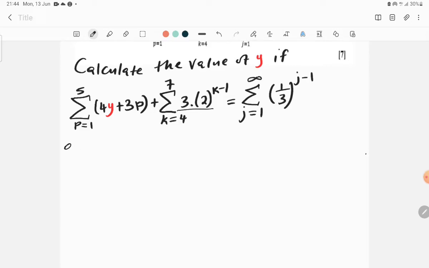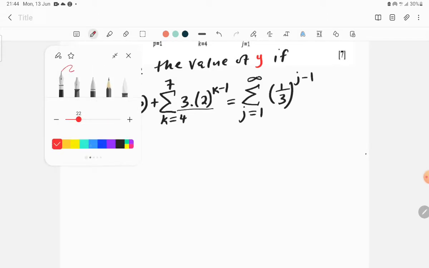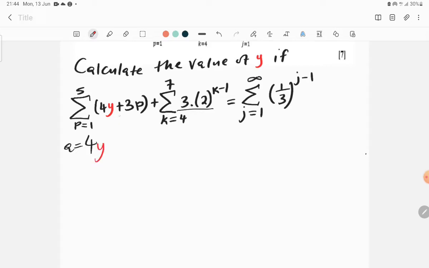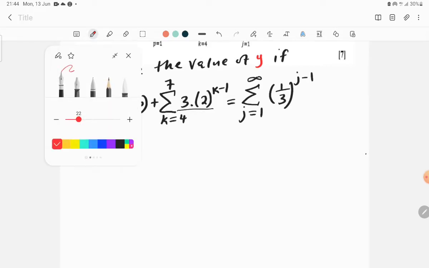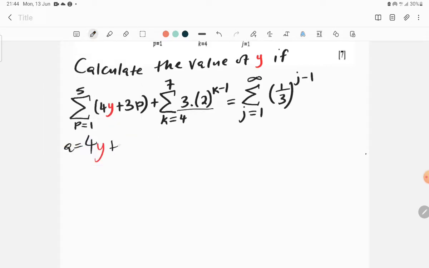Now, a is equal to 4y, then 4 plus 3 times 1. So this is our a.